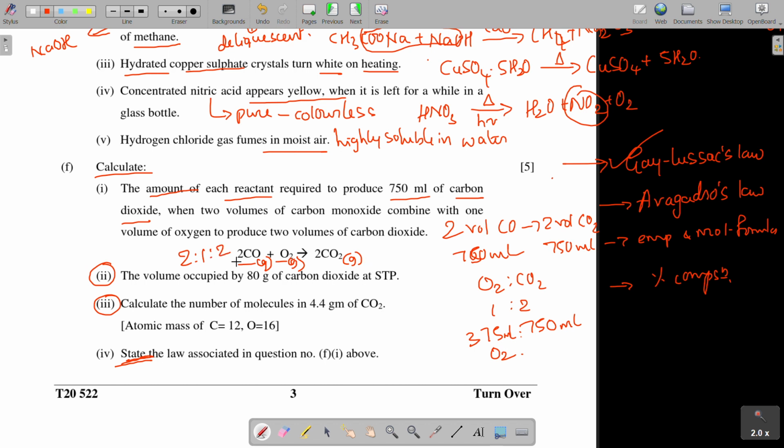So here 2:1:2, right? Provided everything is at the same conditions of temperature and pressure. So when gases react, they do so in volumes which bear a simple whole number ratio to one another and to the gaseous product formed under the same conditions of temperature and pressure. So this is the statement.